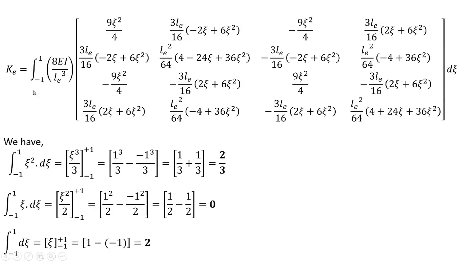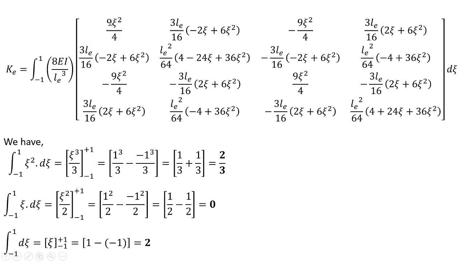Then what I need to do, if you see this matrix, is finally integrate it with respect to d zeta. When I want to integrate, I have some terms here. Either I have to integrate zeta square, because 9 by 4 is a constant, and so on. This integration is applied to all the individual terms here. Whatever terms I have here, I need to integrate all of them with respect to zeta.